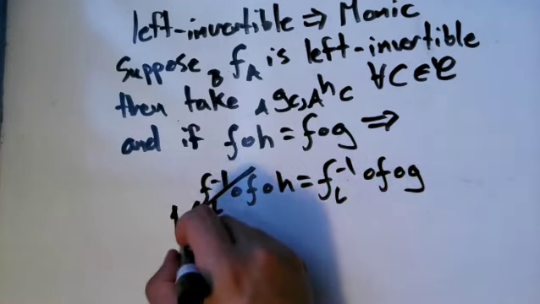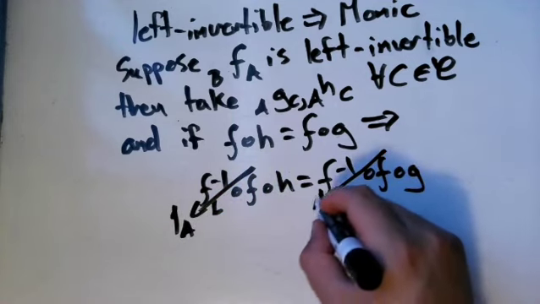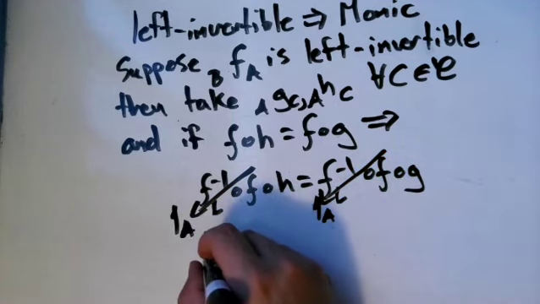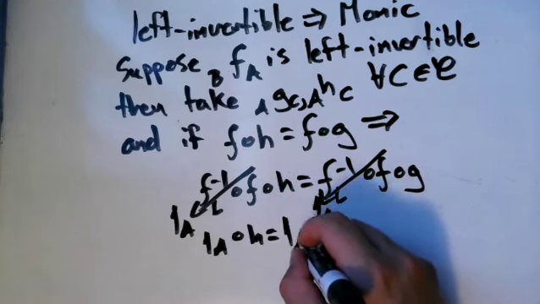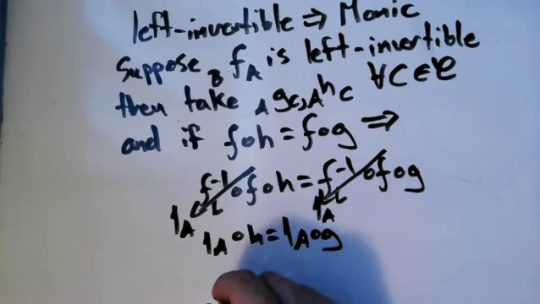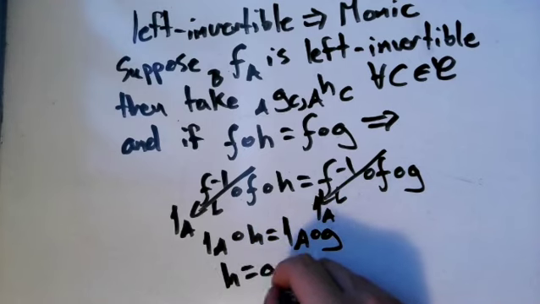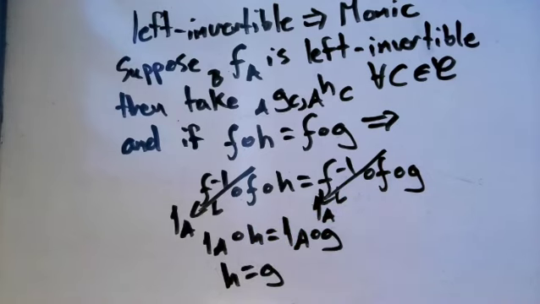These collapse to 1_A, which is 1_A after h equals 1_A after g, which shows that h is equal to g, similarly showing that left-invertible morphisms are monic.